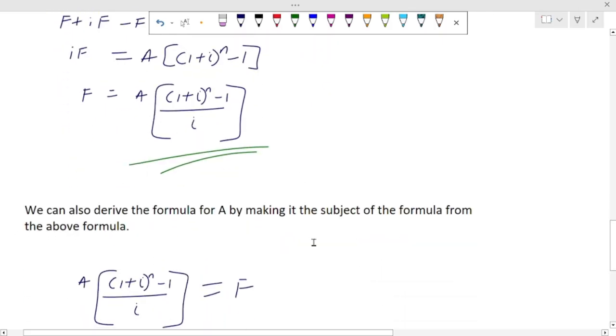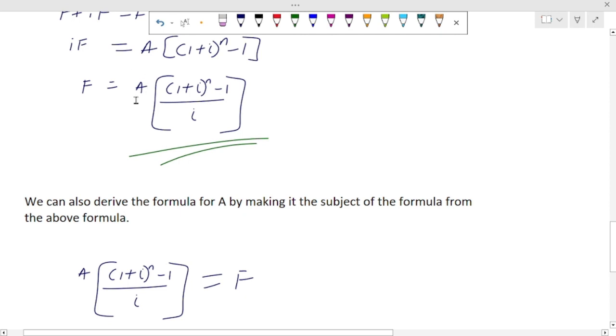Okay? Then of course, to make a the subject of the formula, you just have to do what? Invert the whole thing. This one will do what? Let me just switch the side. Everything here, I just wrote it on this other side of the equal sign. This one, I just wrote it on this other side. Like, just switch sides.